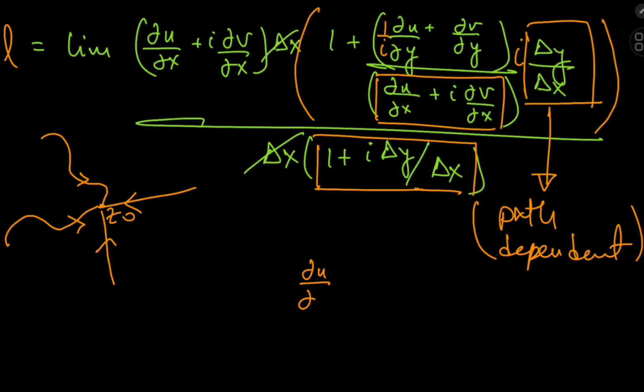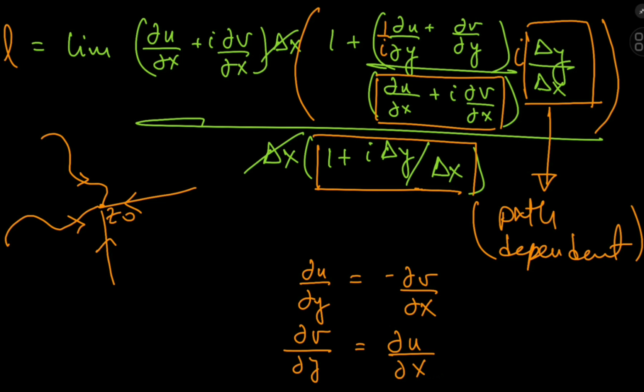We know that partial u by partial y is in fact negative of partial v with respect to x, and we also know that partial v with respect to y is in fact partial u with respect to x. Okay, cool. That means in the denominator, what exactly do we have now?